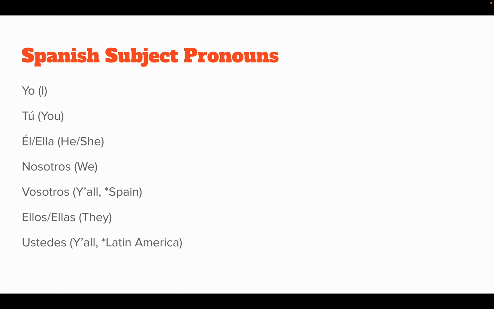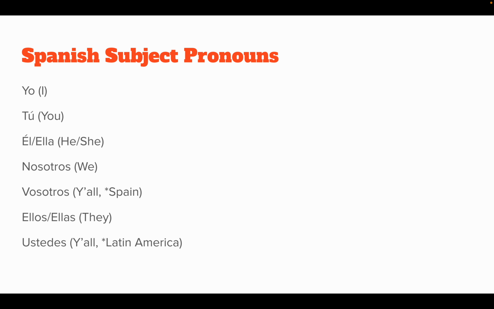The first is vosotros. As you've probably noticed, I put an asterisk and I wrote Spain next to that asterisk. Basically, this pronoun is mainly used in Spain and not in Latin America. If you use vosotros in Latin America, people will probably not understand you very well.